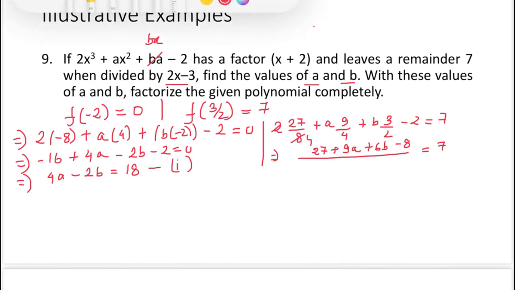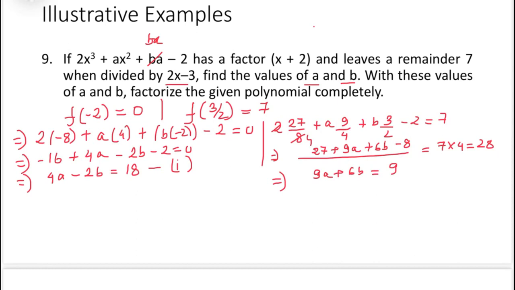So we'll remove the 4 from here and multiply that with 7, so 7 times 4 equals 28. And 27 minus 8 is 19, so 9a plus 6b equals 28 minus 19, which gives 9. So 9a plus 6b equals 9.